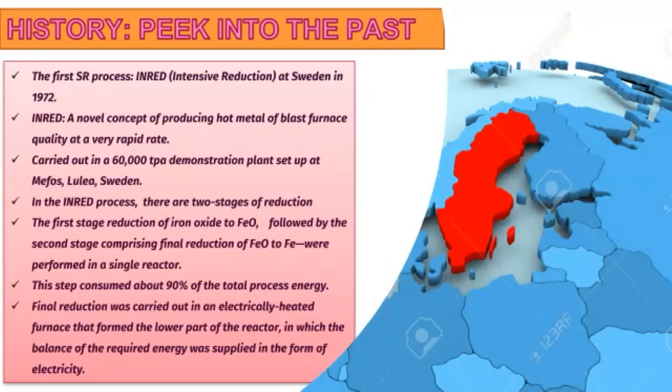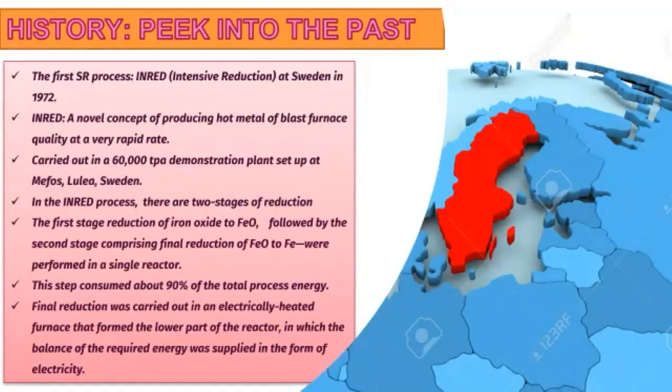Now, let us have a look at a brief history of the smelting reduction process. So, the first smelting reduction process came to light in 1972 in Sweden in the form of INRED, that is intensive reduction. Intensive reduction was basically a novel concept of producing hot metal of blast furnace quality at a very rapid rate.